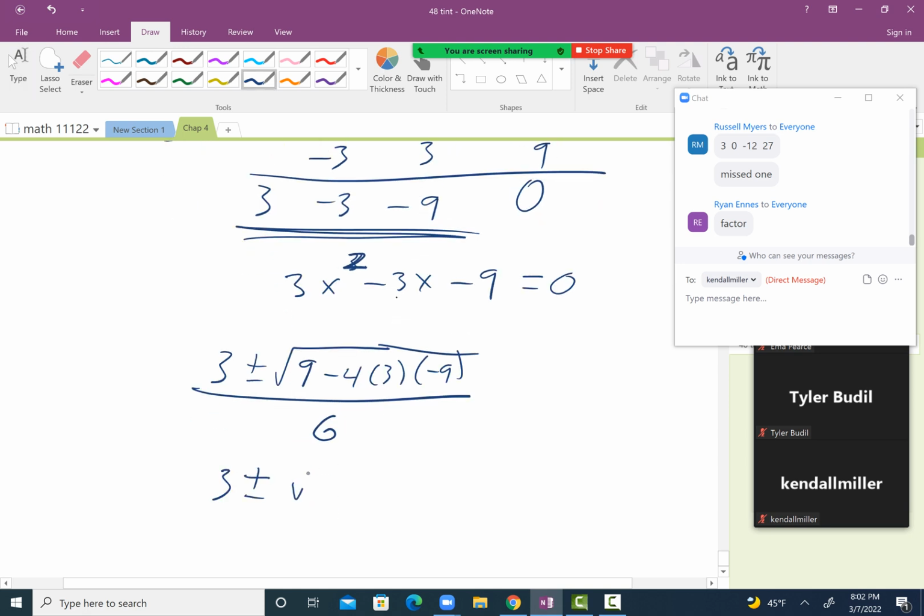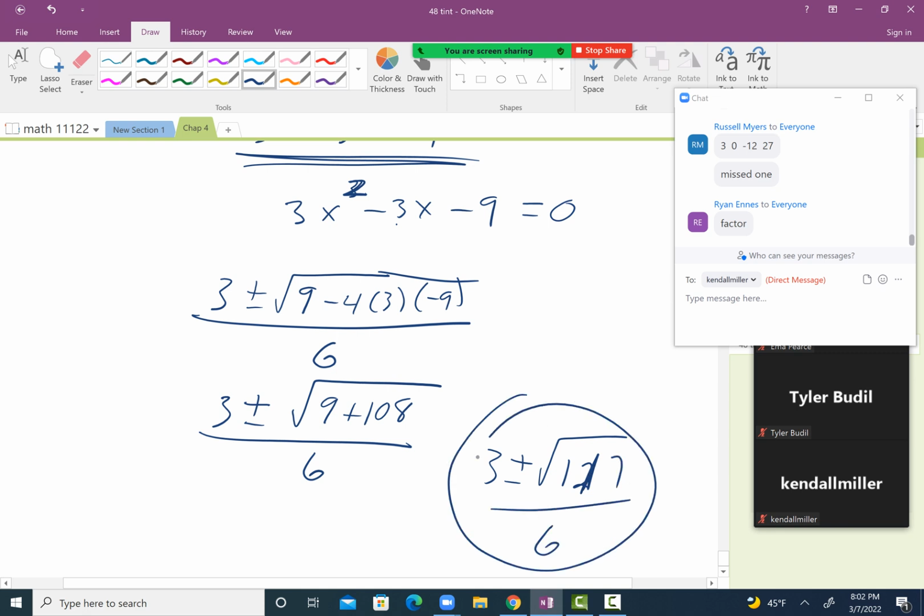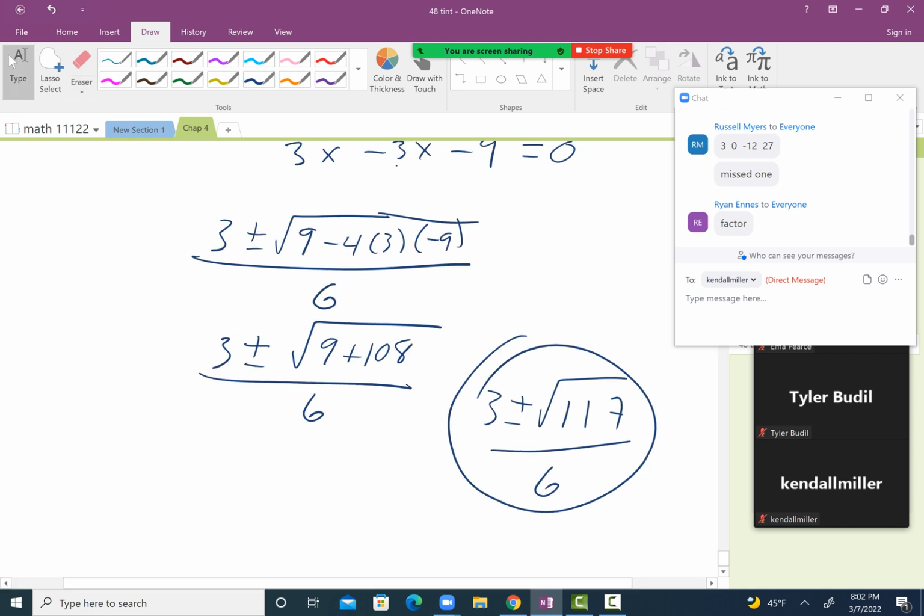And I'm going to keep working this out. 4 times 3 is 12, times 9 is 108. 3 plus or minus the square root of 117 over 6. I finally get a nasty one. I can't even reduce that. Okay. So there's my answer along with 1 and -1.